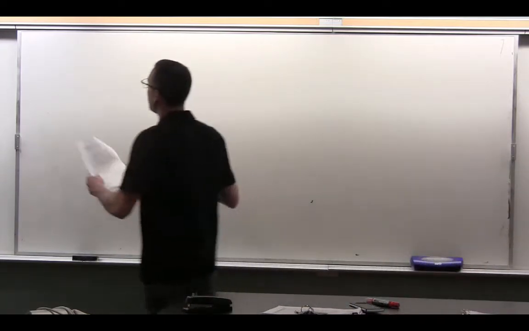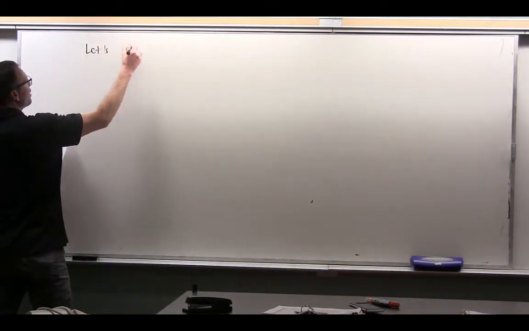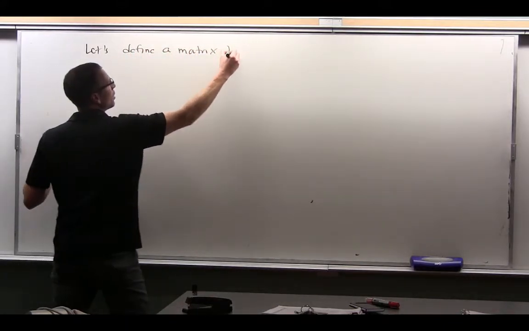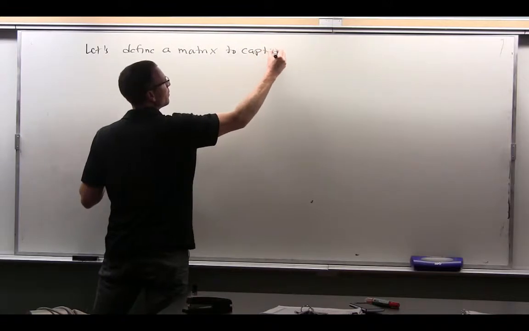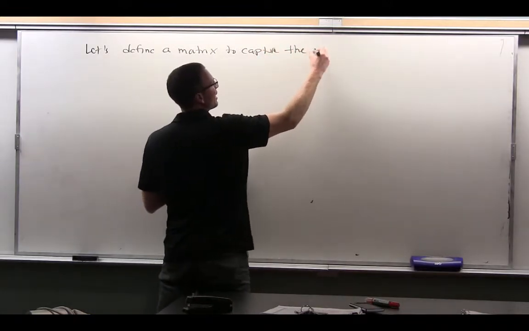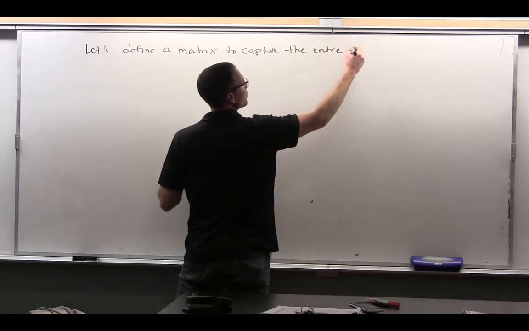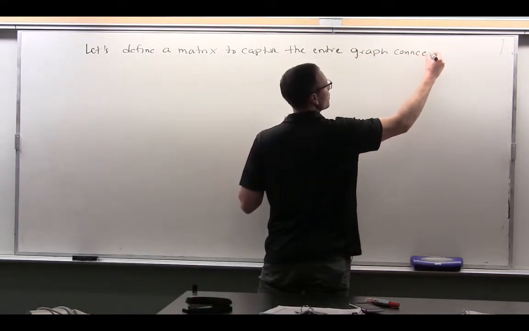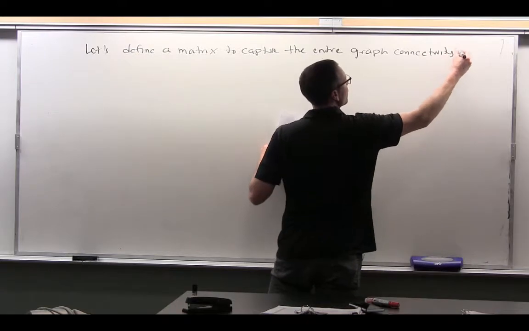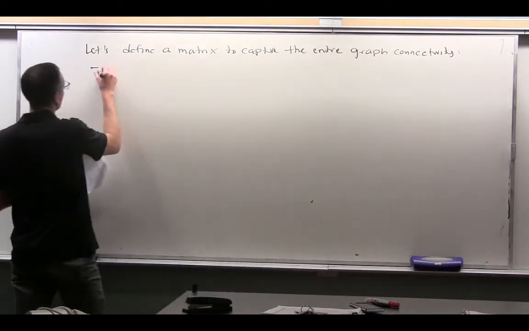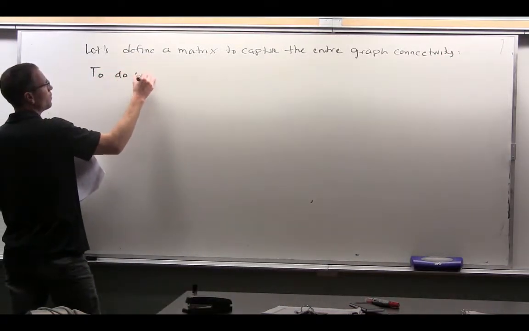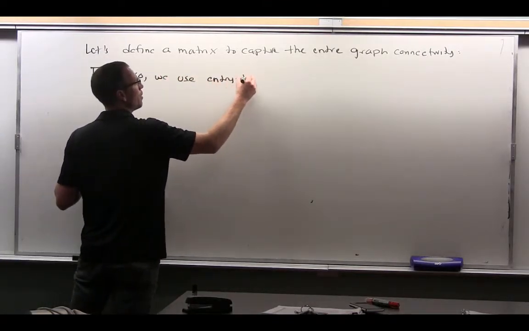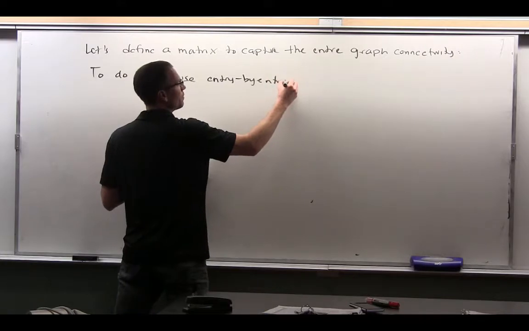So let's define a matrix to capture the entire graph connectivity. To do so, we use an entry by entry definition.